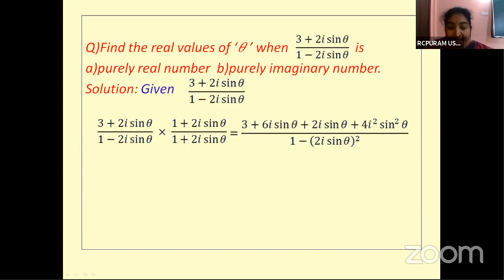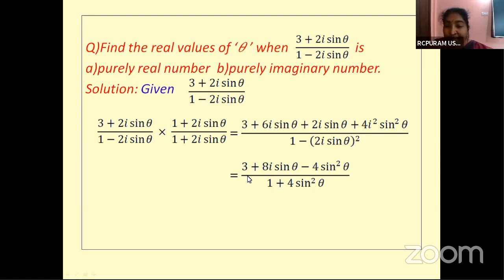And in the numerator we have 3 into 1, which is 3, plus 3 into 2i sin theta, that is 6i sin theta. 2i sin theta into 1 gives you 2i sin theta. And 2i sin theta into 2i sin theta gives you 4i square sin square theta. Wherever we have i square, we replace it with minus 1, because i square is equal to minus 1, isn't it?